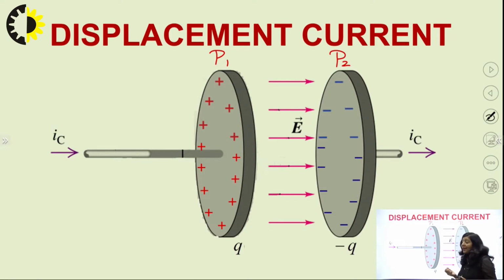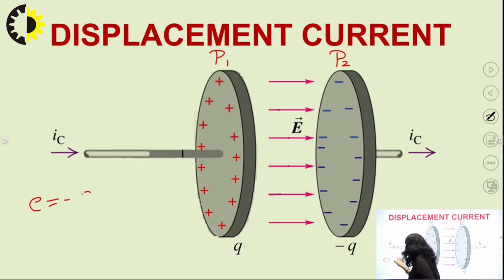Now, why am I saying that you have a current here because of time varying electric field? You can understand it with the help of Faraday's law of electromagnetic induction. So I'm just trying to correlate why I'm saying there is current between these two plates. In order to understand that, I'm referring to Faraday's law of electromagnetic induction.